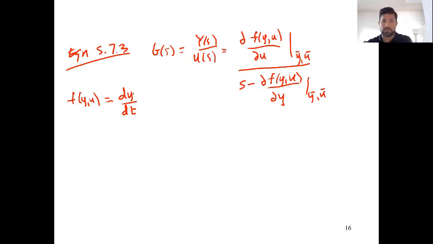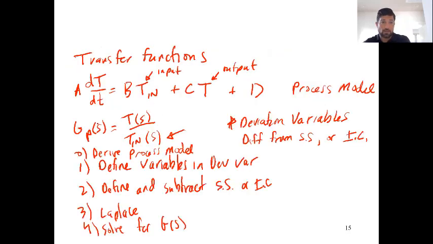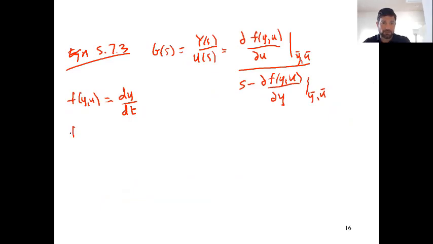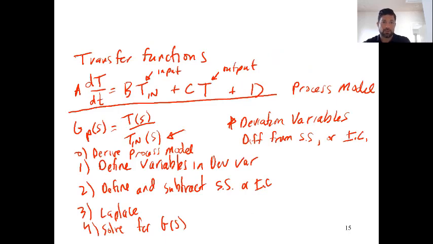All right, if we go back and look at the last one, here's our process, and we're going to apply it to this case right here. What I need to do is write my function. So this is a function of T and Tn: my function of T, the output, and Tn, the input, equals dT/dt.